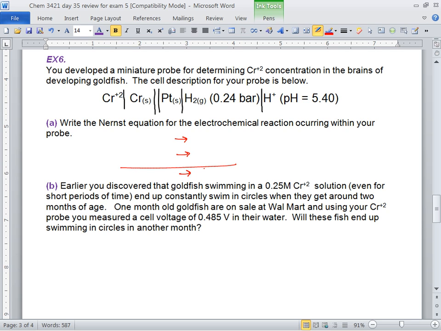Where's the Cr3+ on this table? Is it in here? You might have to look in the book. Cr solid and Cr2+. No. I don't see one in here.